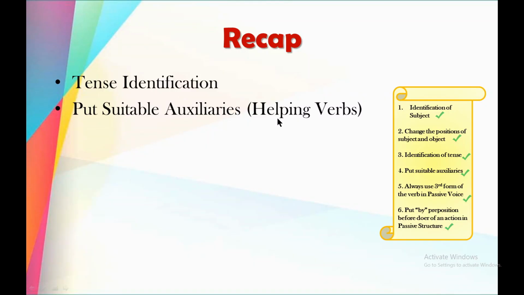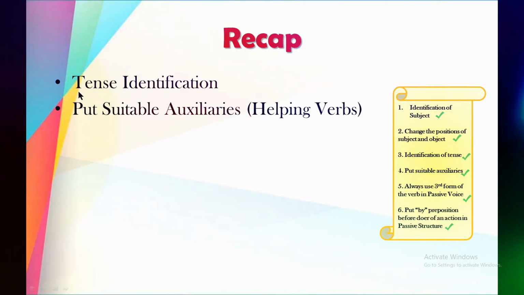So tense identification is the most important point because all other 4 are very easy to learn. So my dear students, these 2 are typical, and you can say these are difficult or tricky somehow. So tense identification, this would be your first main and first most important thing if you can learn, and then put suitable auxiliaries, suitable helping verbs.